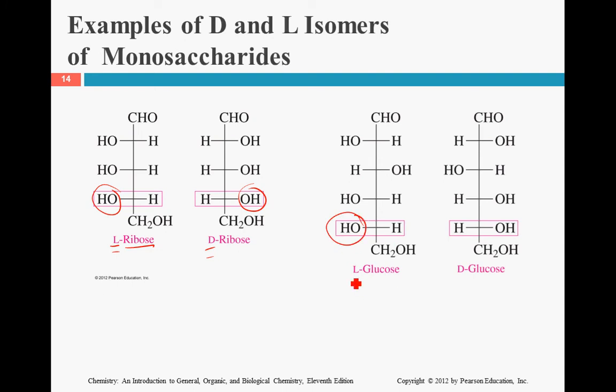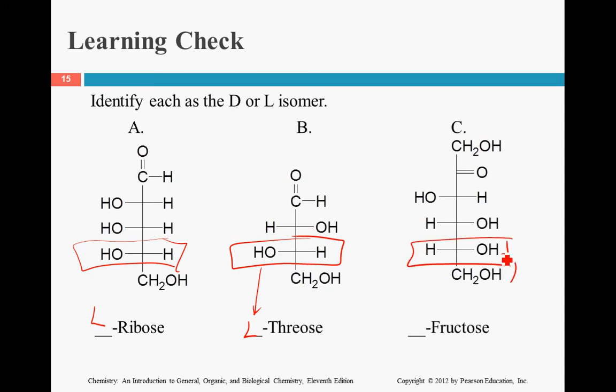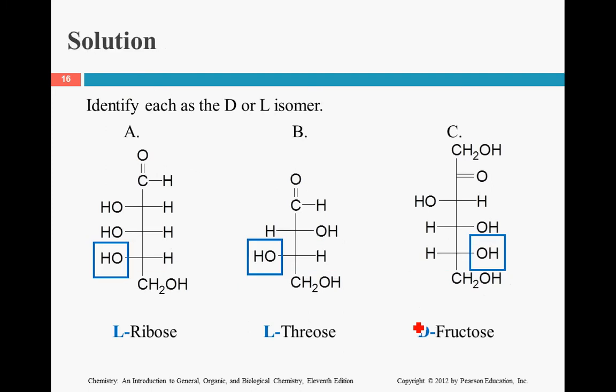The last OH is on the left, so it's an L. The last one here is on the right, so it's a D. To identify these as D or L, we look at the very last intersection. It's on the left, so it's L. This time it's on the right, so that's a D. There you go.